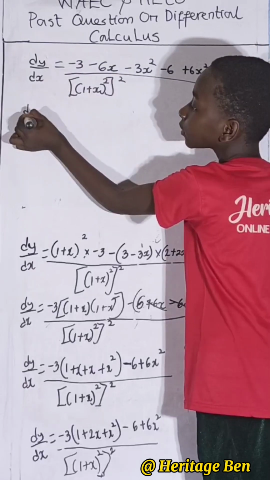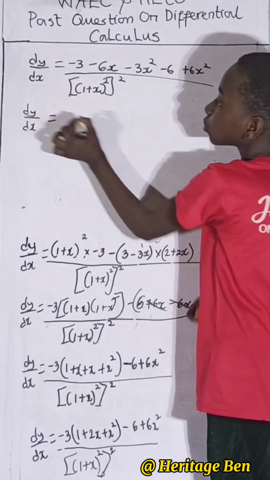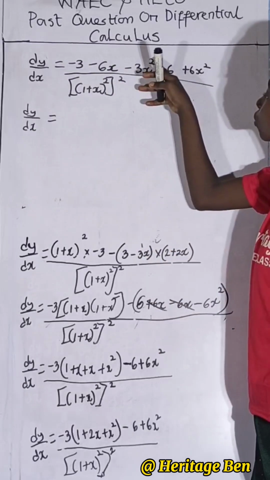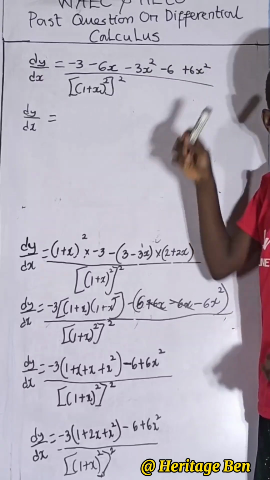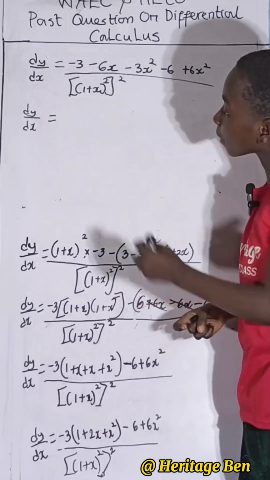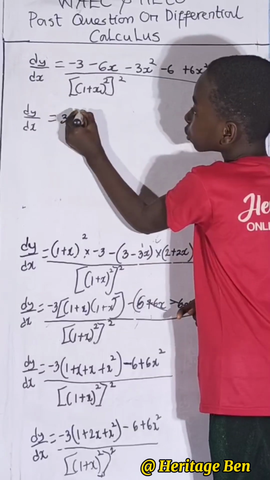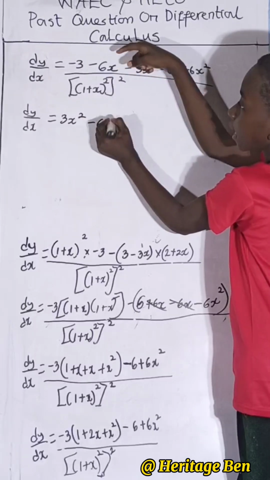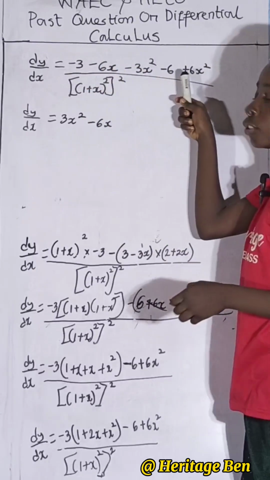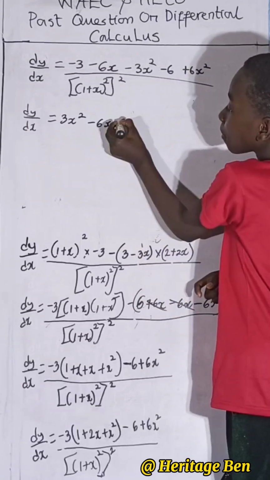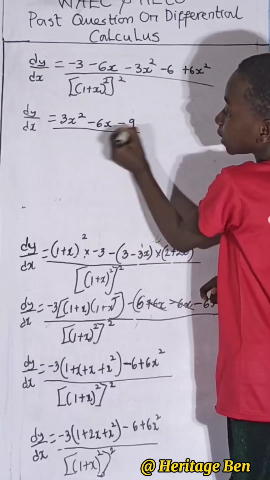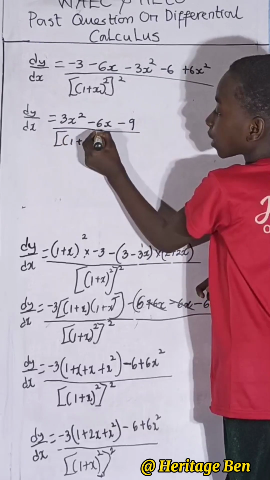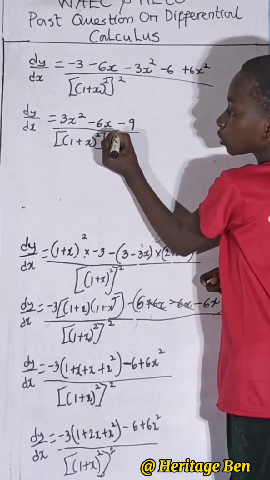So dy/dx is equal to, now let's collect like terms. Minus 3x squared plus 6x squared gives us 3x squared, minus 6x, minus 6x, minus 3 minus 6, minus 9, divided by ((1 plus x) squared) all squared.